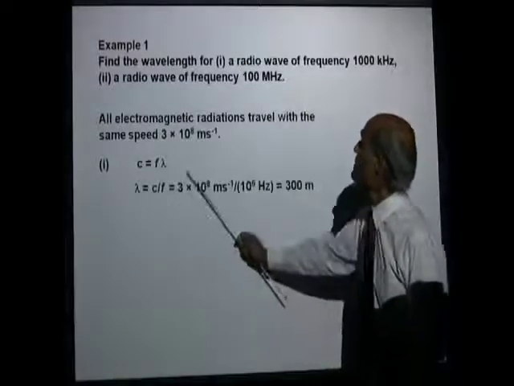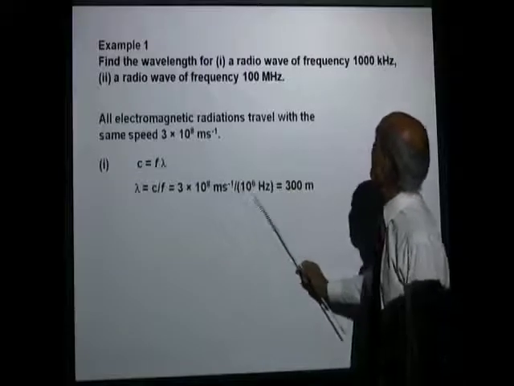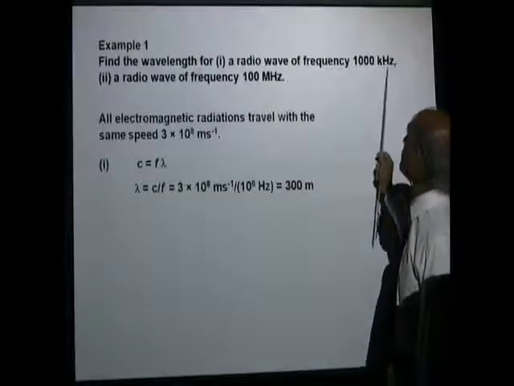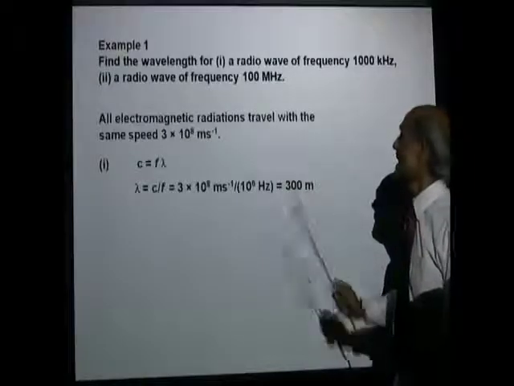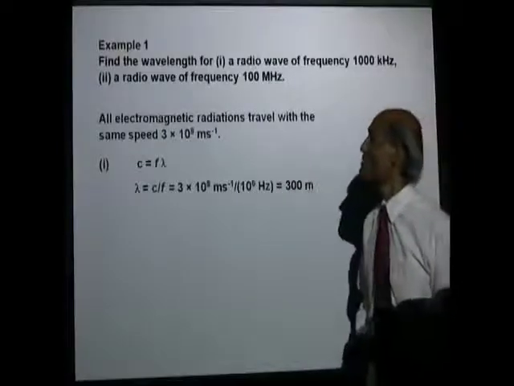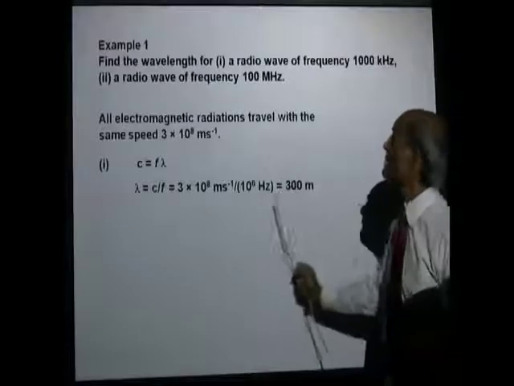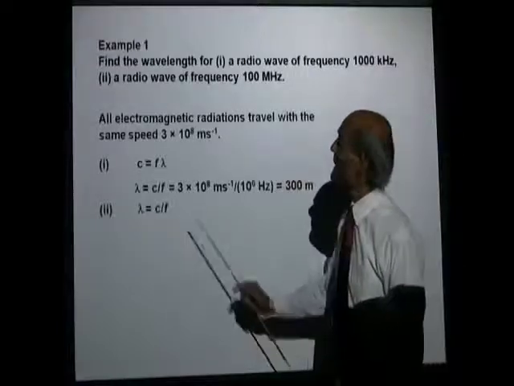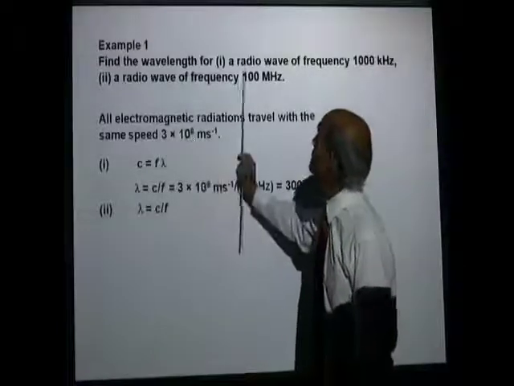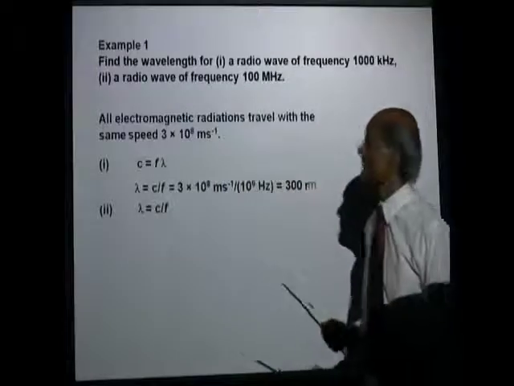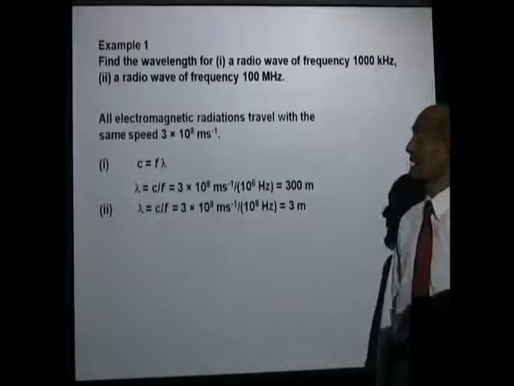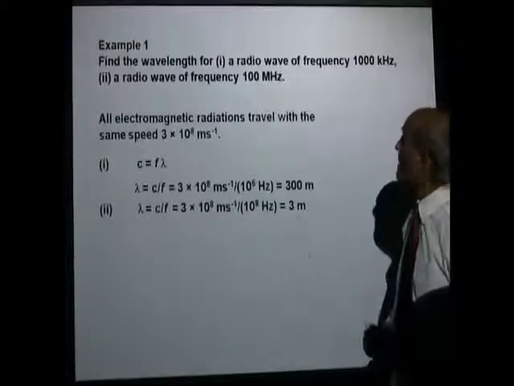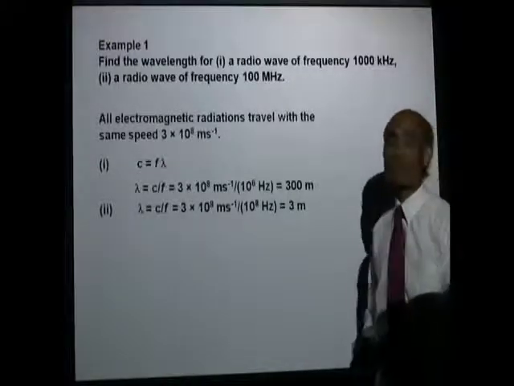So in the first case, it will be c divided by 1000 kilohertz, which is 10^6 hertz, and that is 300 meters, the wavelength of that wave. In the second case, the frequency is 100 megahertz, which is 10^8 hertz, and that wave has a wavelength of 3 meters.